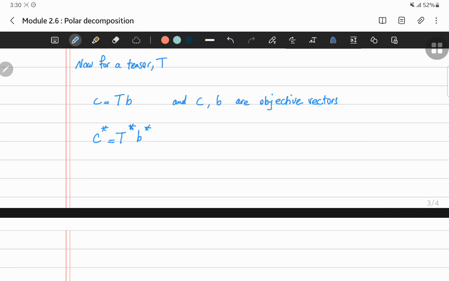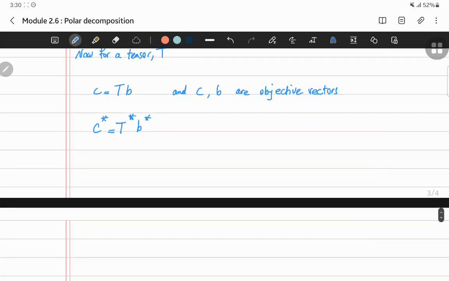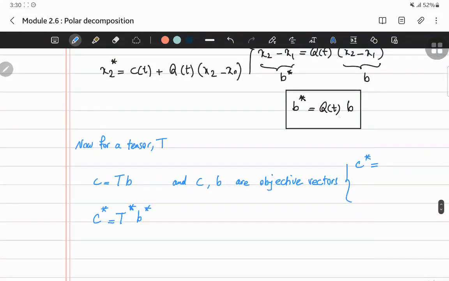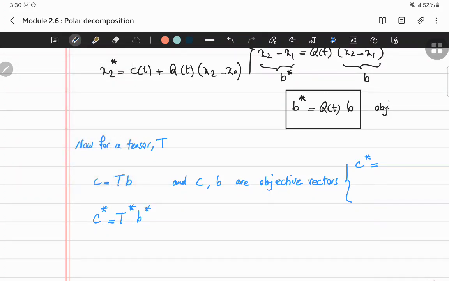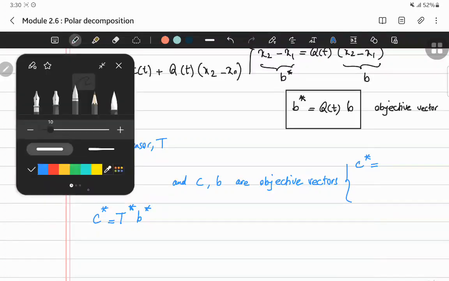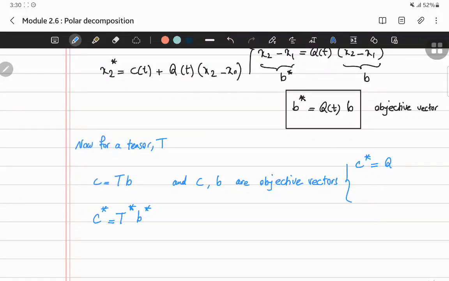But since they are vectors, we put vectors in here. So we have c star equal to, if they are objective, maybe I can write it, this is the objective vector transformation. So we have c star equal to Q c, and b star is equal to Q b. Perfect.